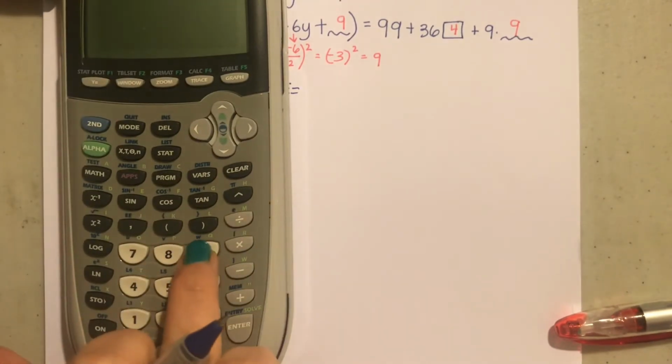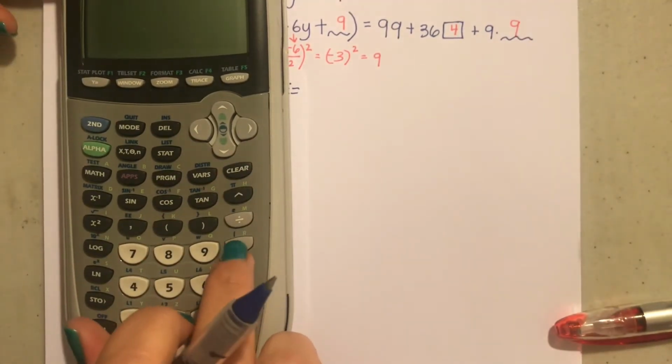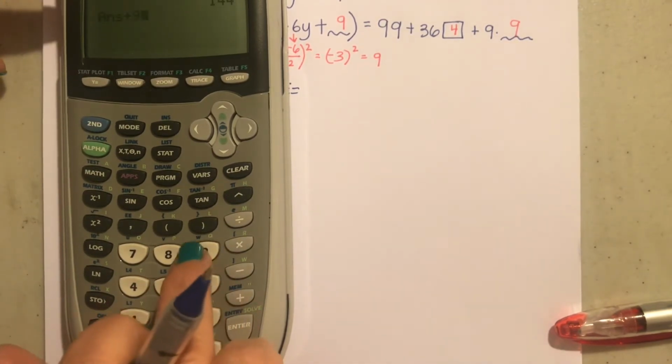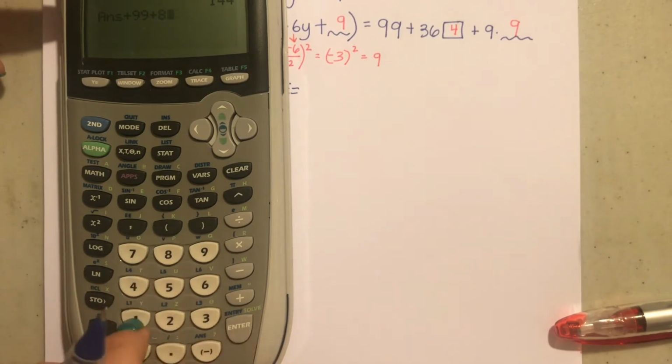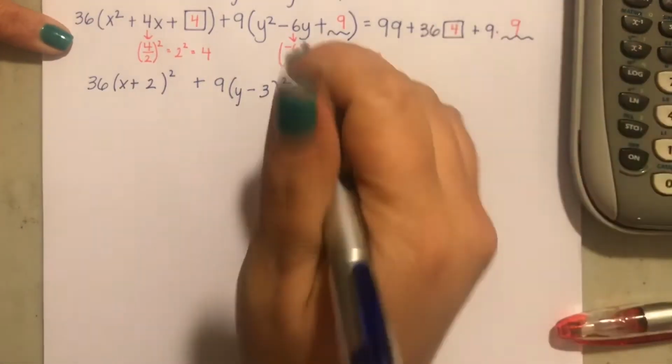So we've got 99 plus, and actually let's do 36 times 4. So that plus 99 plus 81 gives us 324.